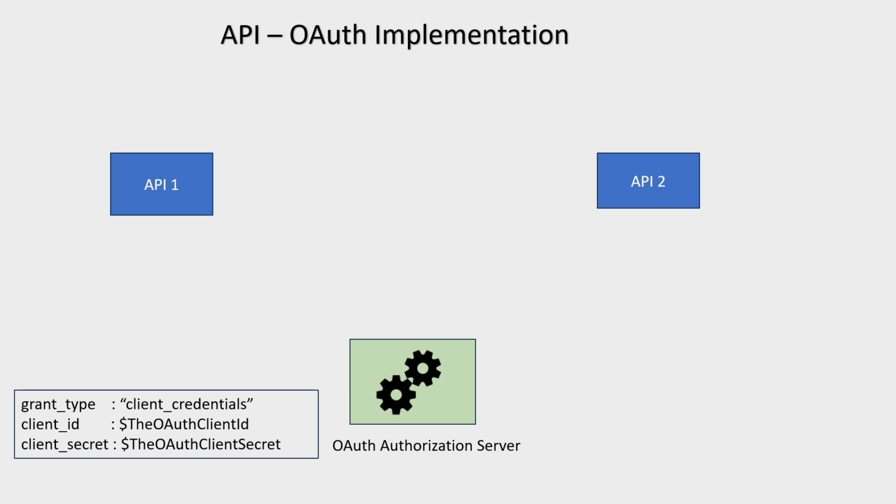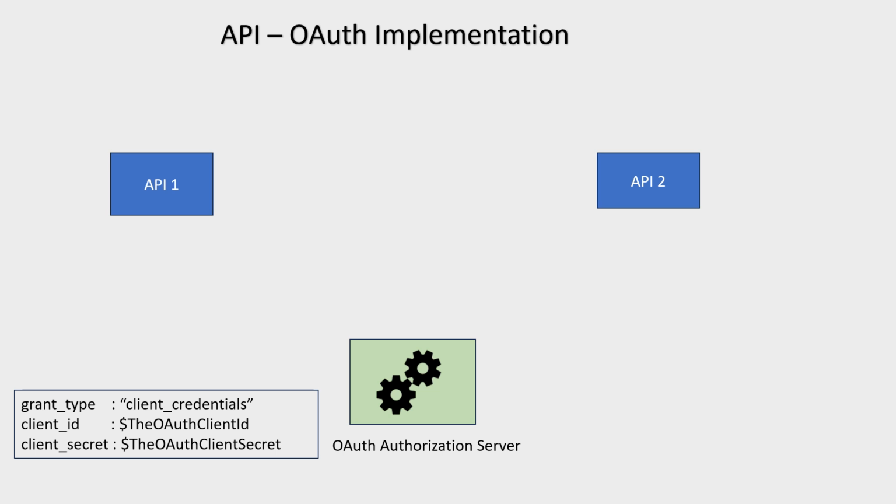These client ID and client secret are given to the API or application during onboarding, so that whenever API 1 needs to access API 2 or any other API, first it needs to get the token from the OAuth server, but it first needs to verify its own identity.